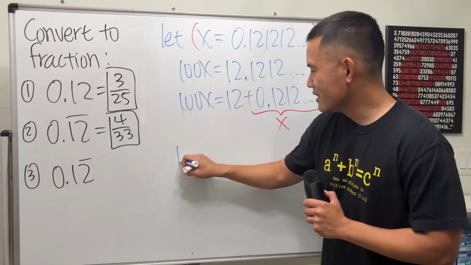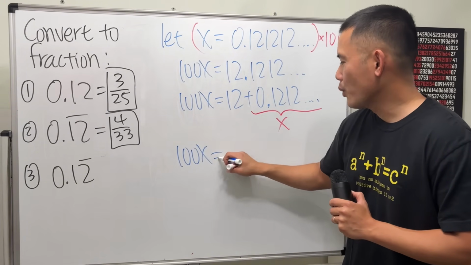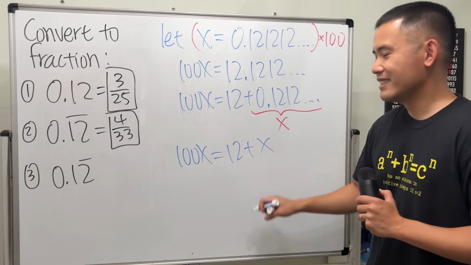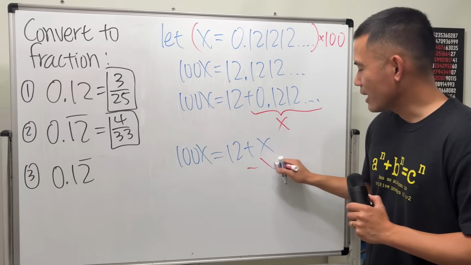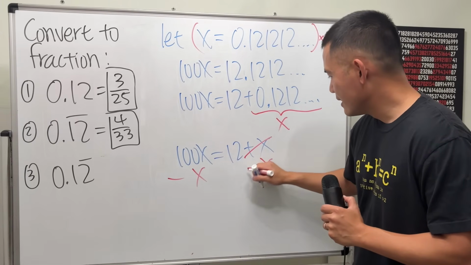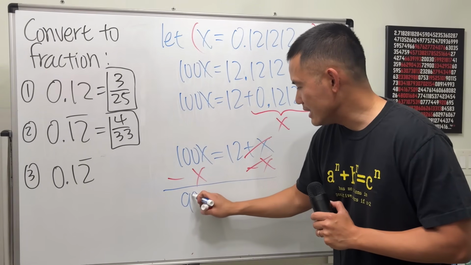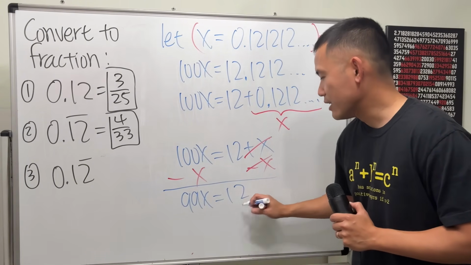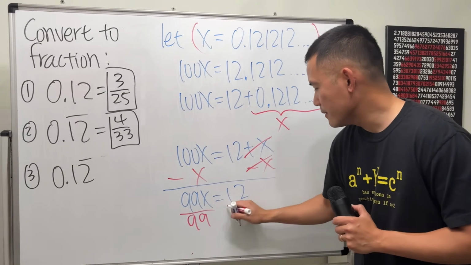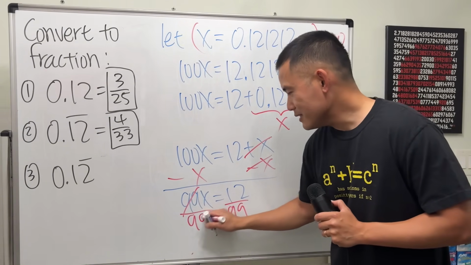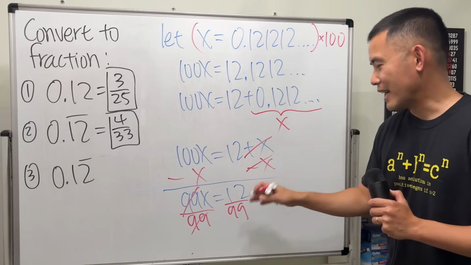So the equation is 100x equals 12 plus x. Then subtract x from both sides. 100x minus 1x is 99x. And then of course divide both sides by 99. This is why we divide both sides by 99.